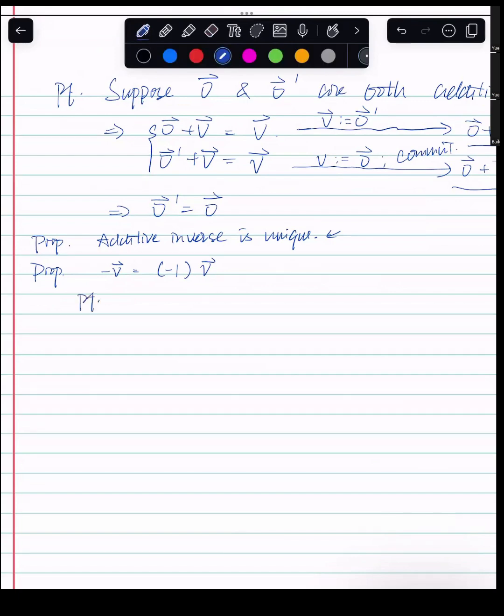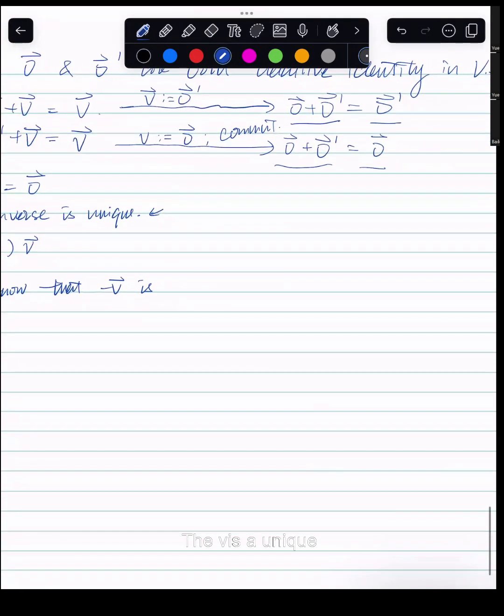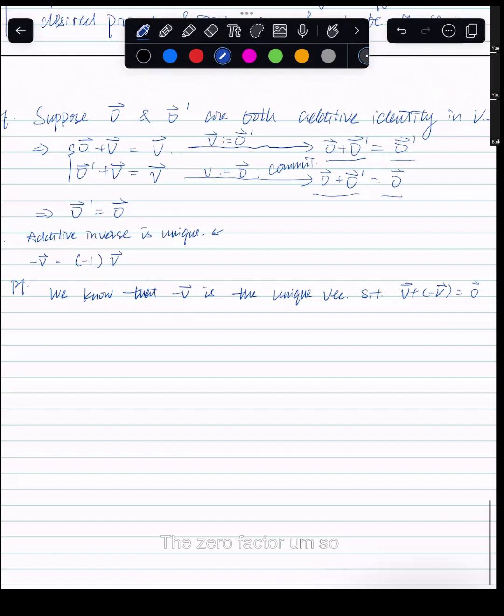Proof. v is the unique such that v plus -v equals the zero vector.